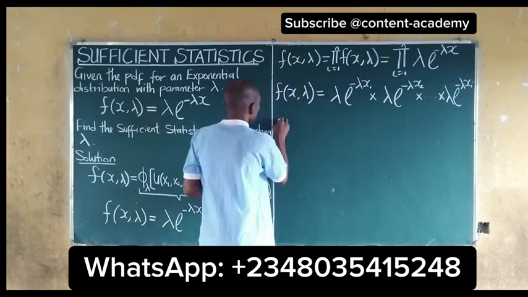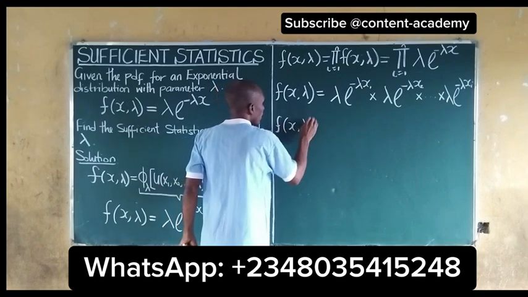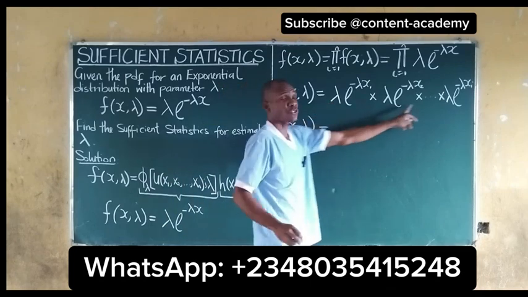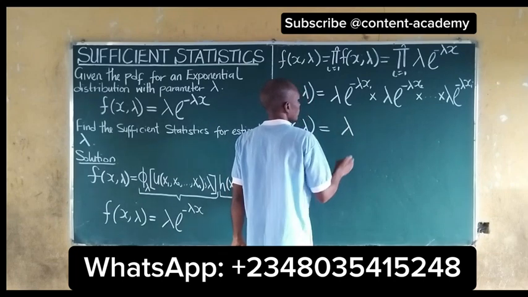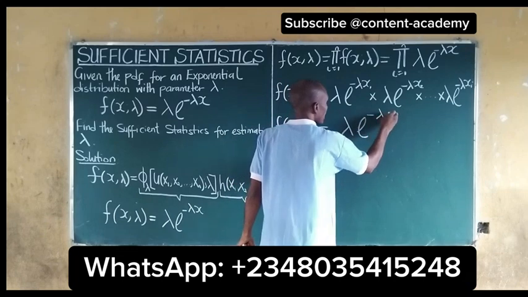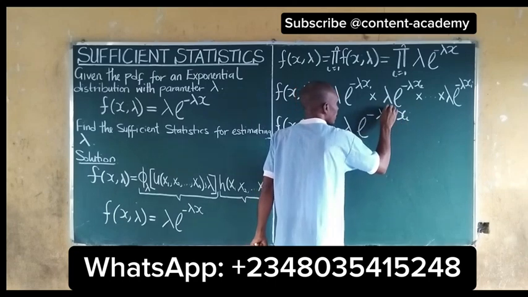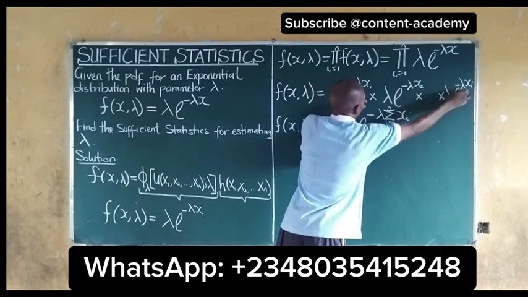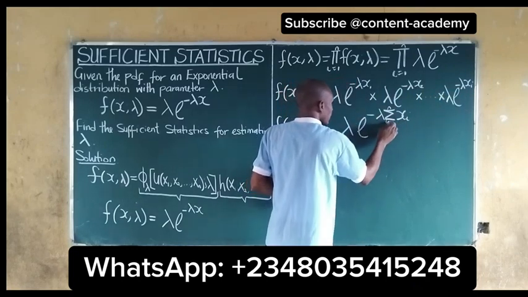So it then means that our function, if we take the product sum, we'll get something like this: lambda to the n exponential negative lambda summation of xi's. Because if we sum this one n times, we get summation of xi's.